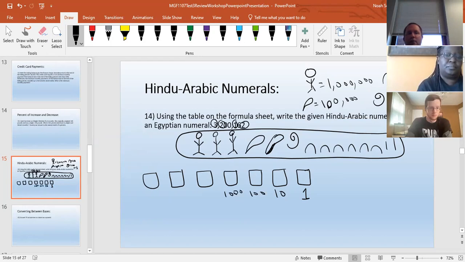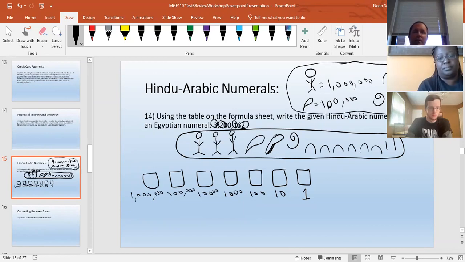This is the 10,000s place. It's the 100,000s place. This is the millions place. Now, the thing to note is that I drew all this out with all these values here. There's a couple of them that I didn't put on this problem.